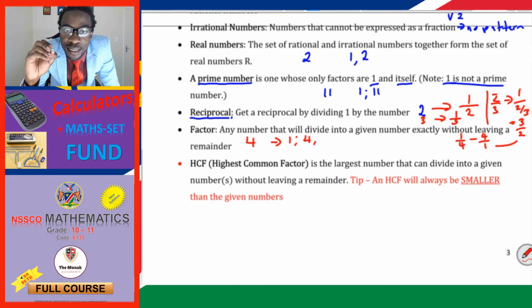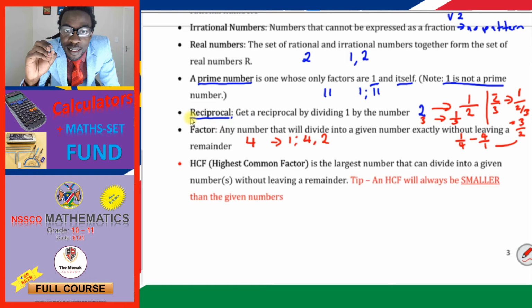What else can go into 4? I think 2 can go into 4. 2 can go into 4 how many times? 2 times without leaving a remainder. So all those are what we call the factors of 4. All the numbers that can go inside 4 without leaving a remainder are factors of 4.